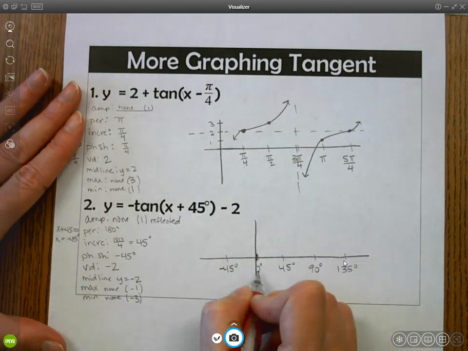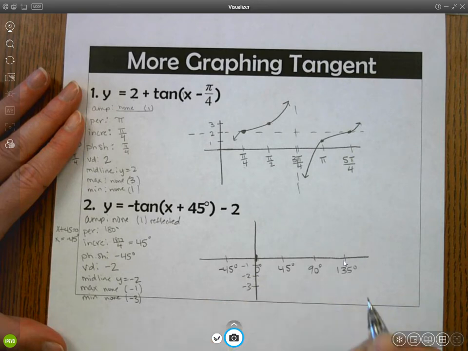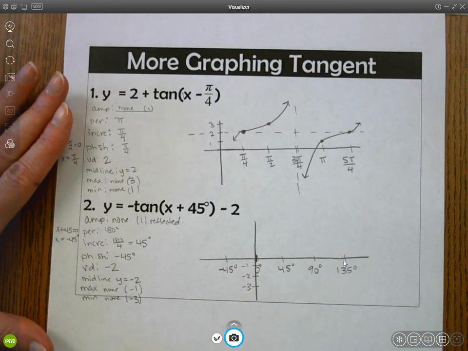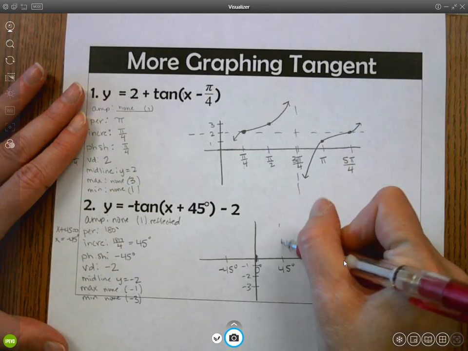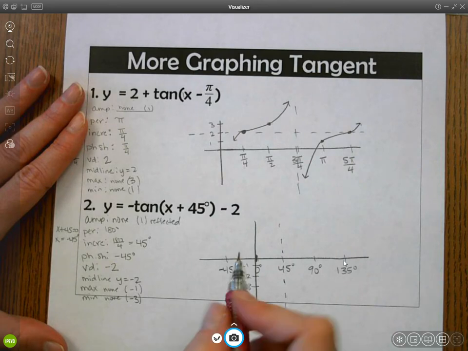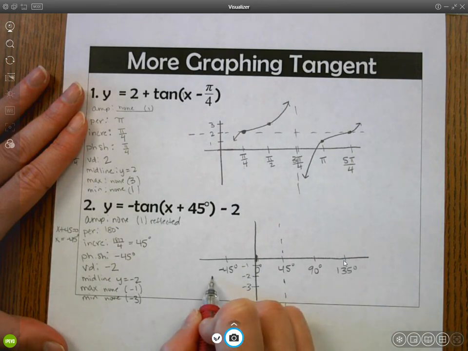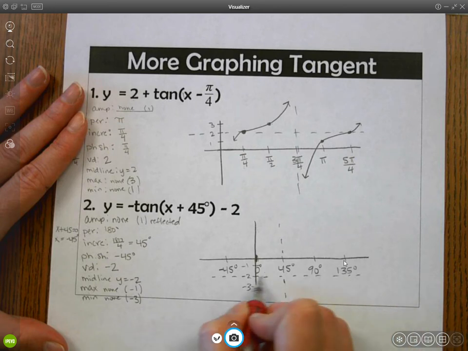We need negative 1, negative 2, negative 3. Remember that tangent has an asymptote in the middle. We have a little midline at negative 2. So that counts as our 0 point.